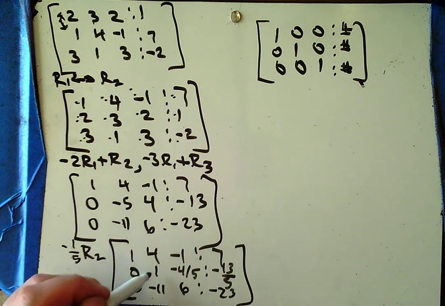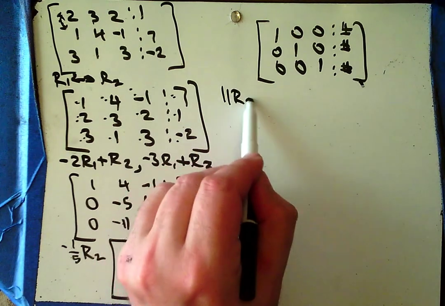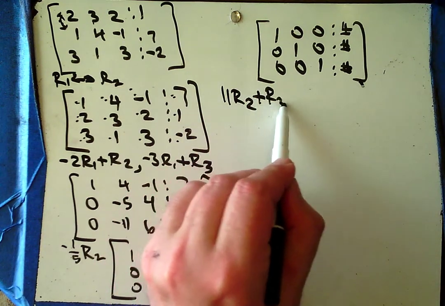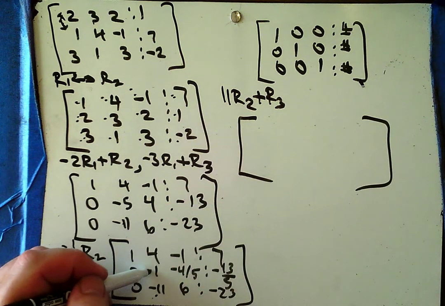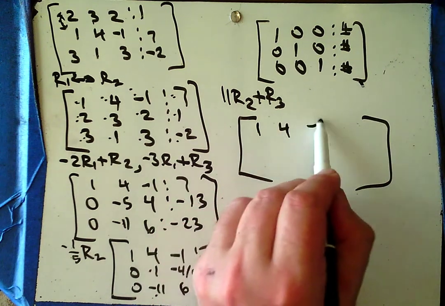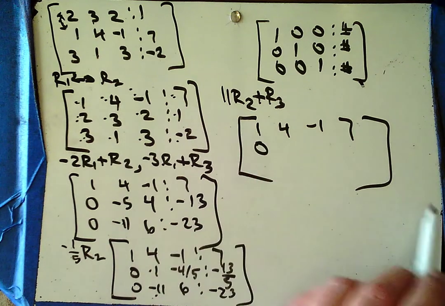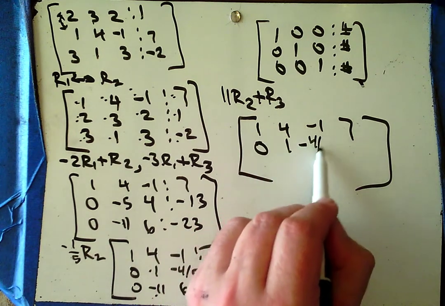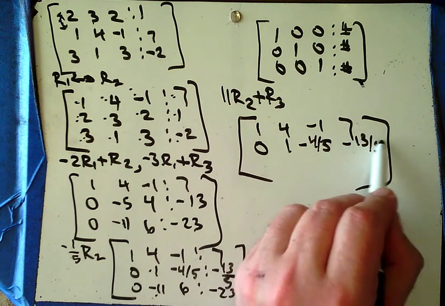Okay, and now I'm supposed to use this to turn this into a 0, and so I'm going to do 11 times row 2 plus row 3. Okay, so row 1 is going to stay the same. Row 2 is even going to stay the same long term, and it's just temporarily going to change. And we have negative 13/5.